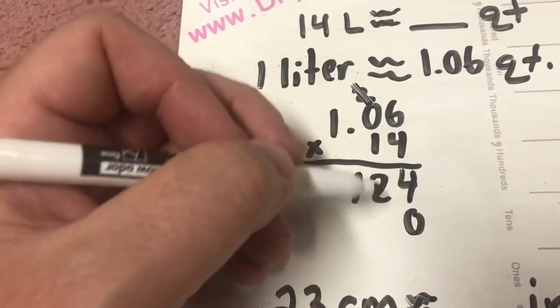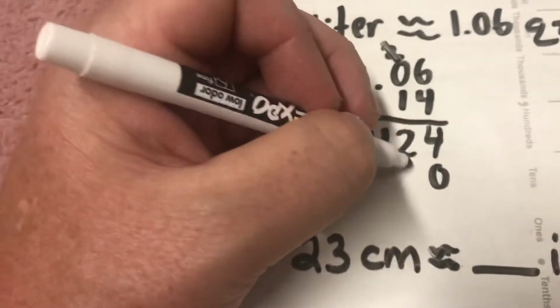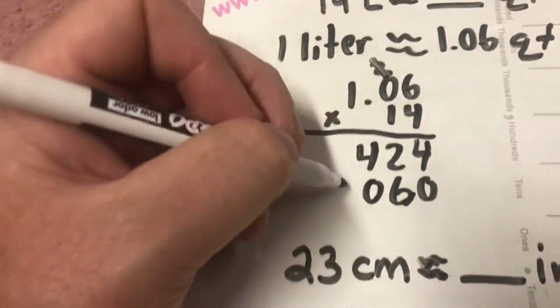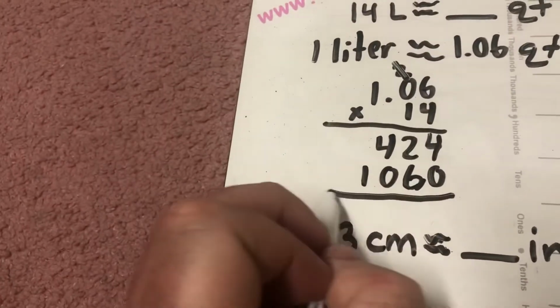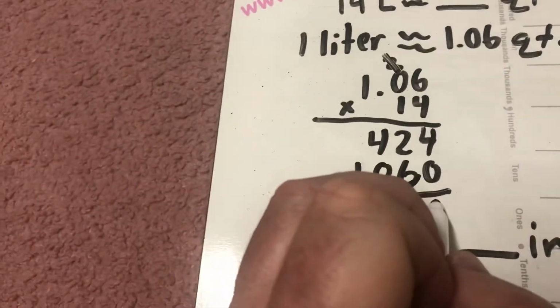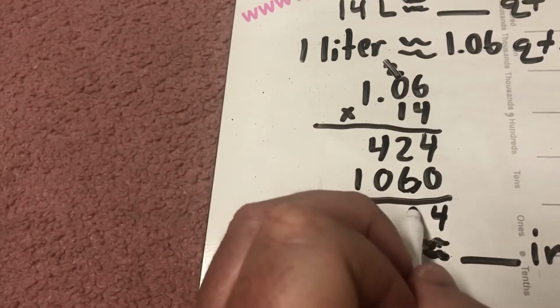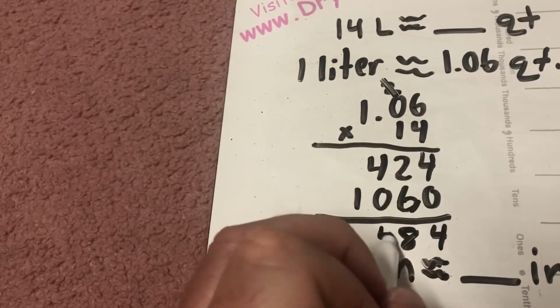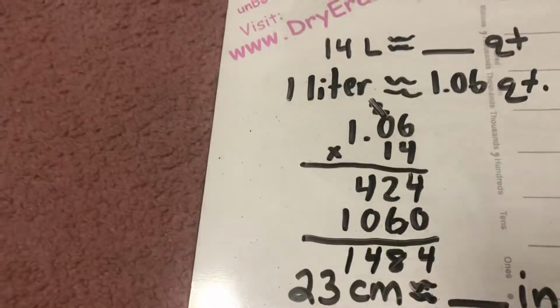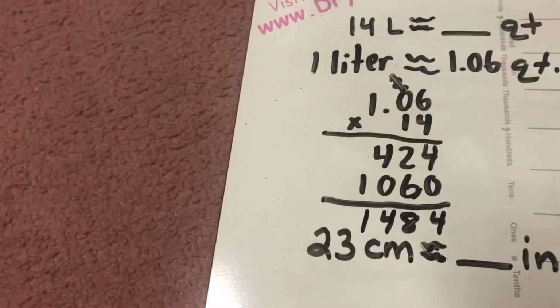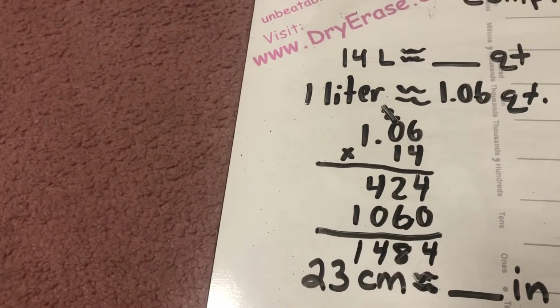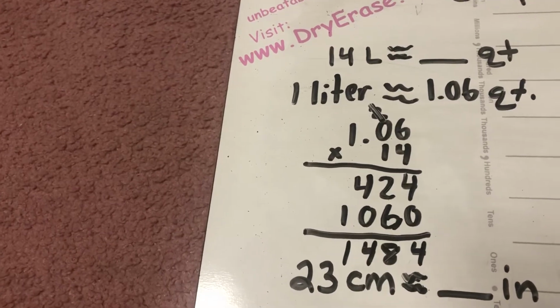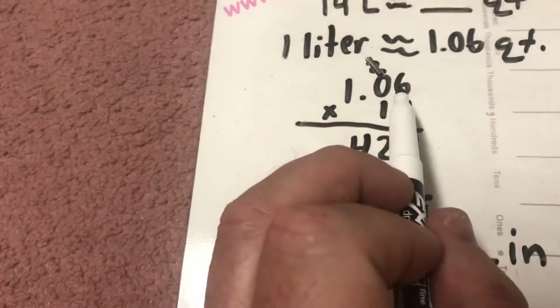So lining up everything with my 1, 1 times 6 is 6. 1 times 0 is 0. 1 times 1 is 1. I'm going to go ahead and add these numbers. 4 plus 0 is 4. 2 plus 6 is 8. 4 plus 0 is 4. Nothing in 1 is 1. Want to remember the rule? How many ever digits come after the decimal in the problem? That's how many digits need to come after the decimal in the answer.